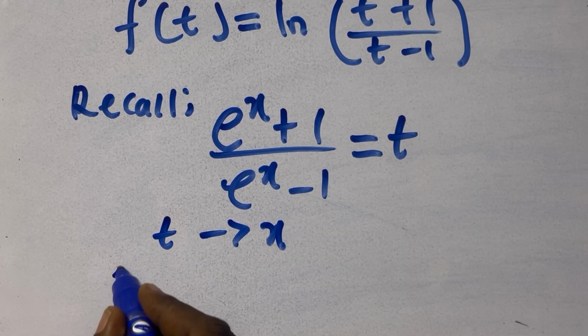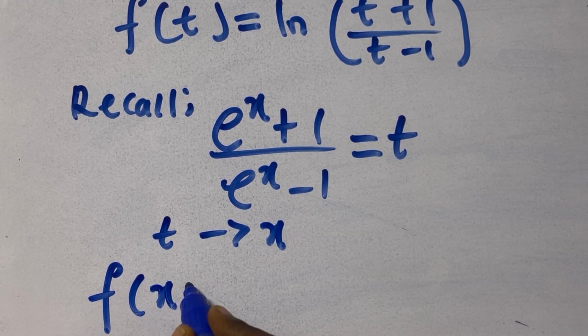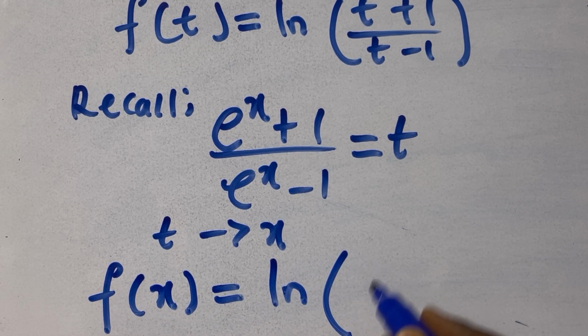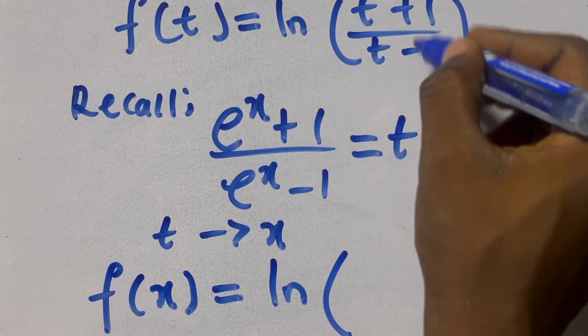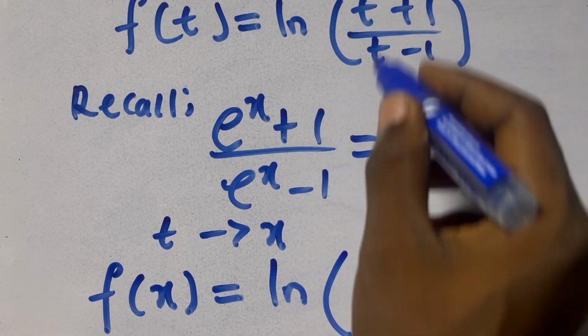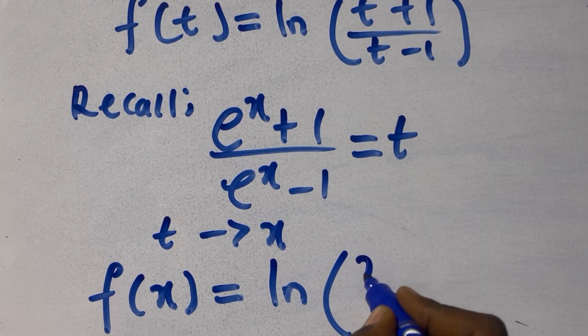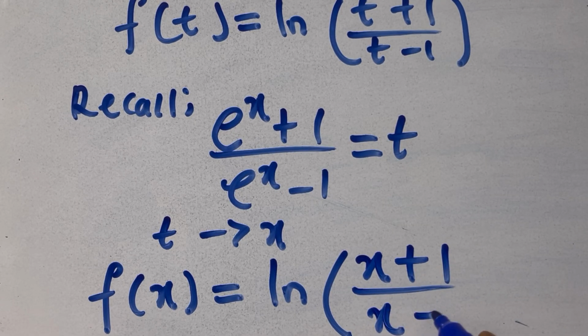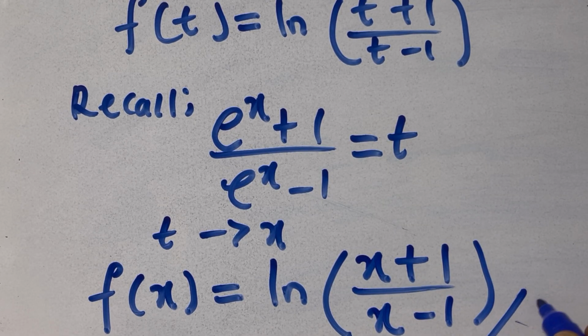Therefore we have f(x) = ln((x + 1)/(x − 1)). Guys, this is our final answer.